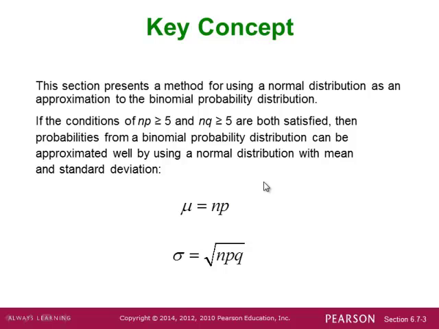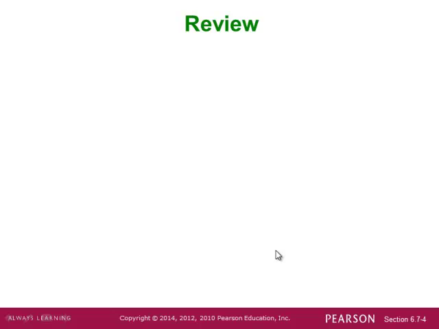In fact, it should be, sorry for the pun, expected, because the expected value for a binomially distributed random variable is also n times p. So mu is going to be np. Sigma, the standard deviation for your normal distribution, will be the square root of n times p times q. Remember that q is 1 minus p. And we'll do an example here toward the end of this presentation.